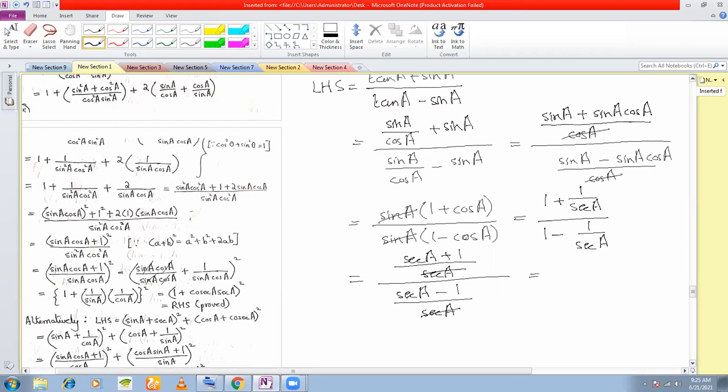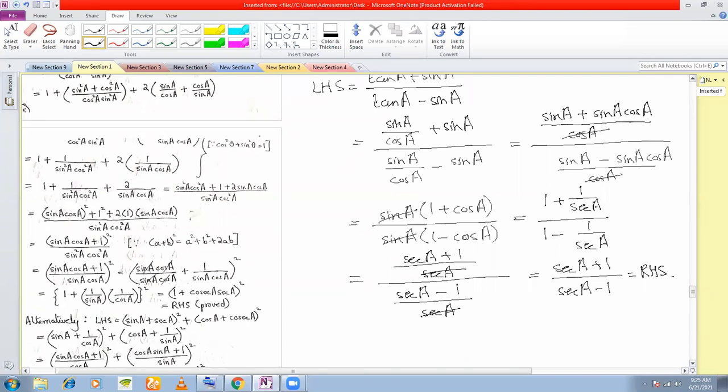Now sec A and sec A will cancel. We will get sec A plus 1 in the numerator. In the denominator, you will get sec A minus 1, which is equal to your right hand side. That's it.